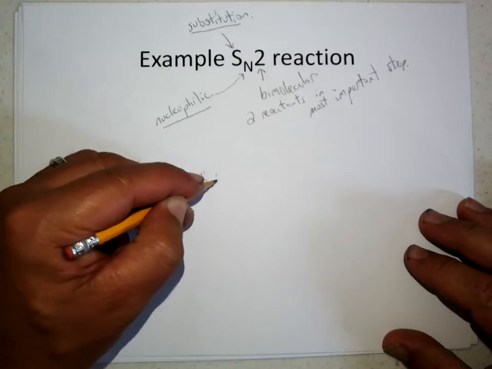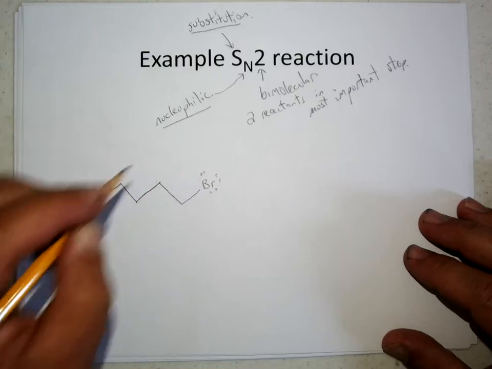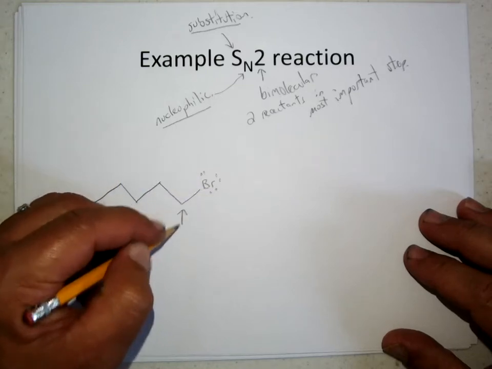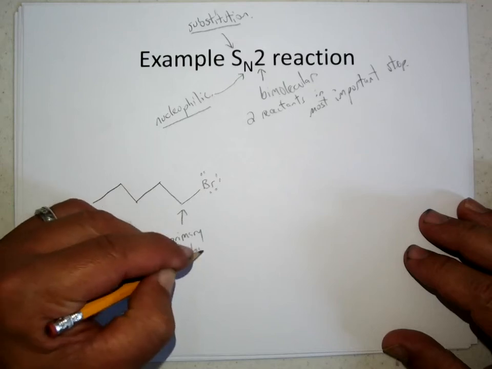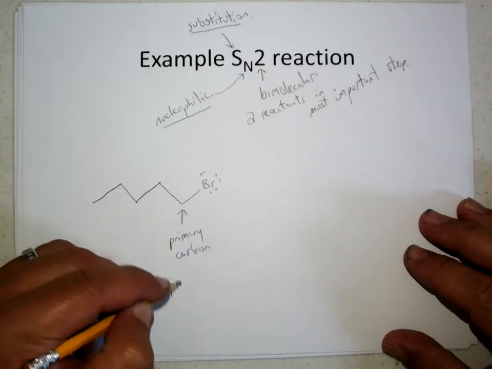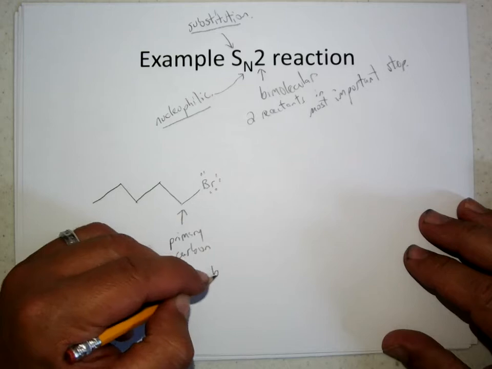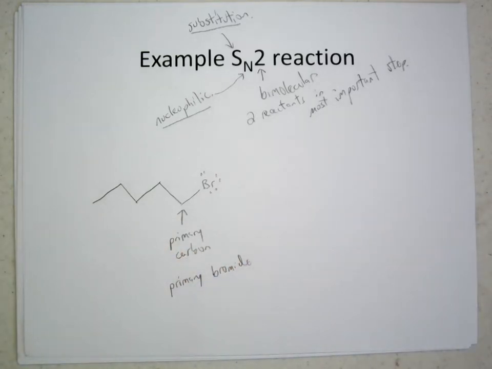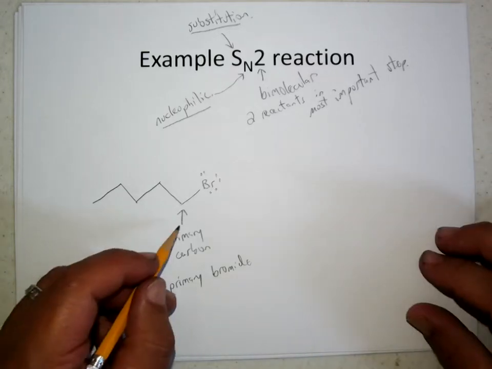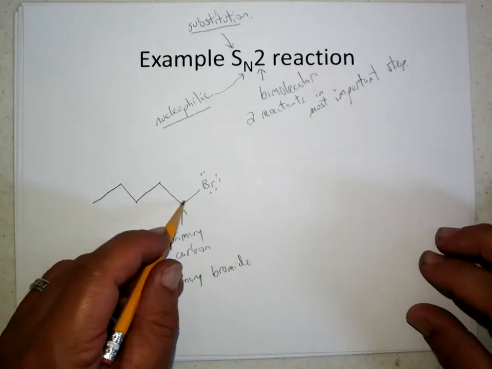that's very exposed. Right here, we have a primary carbon. So this is a primary bromide. It's weird because I'm using this arrow to say that's what it is.